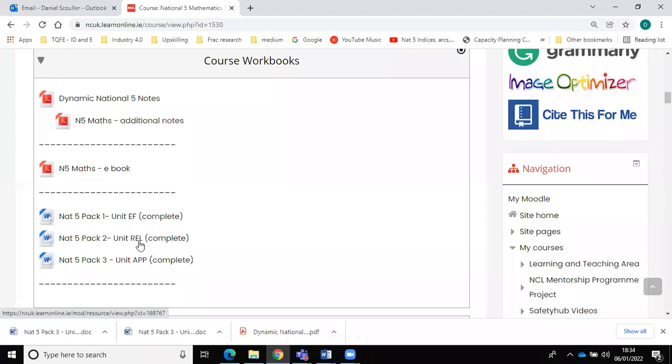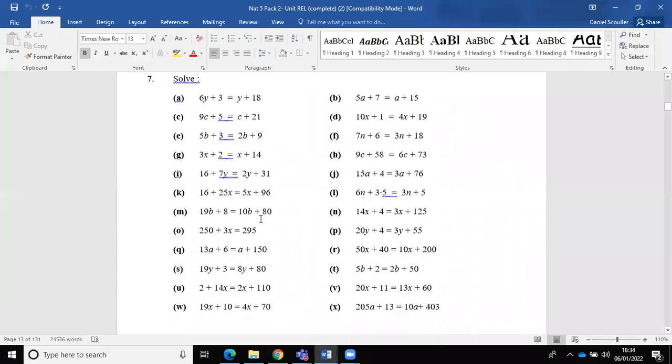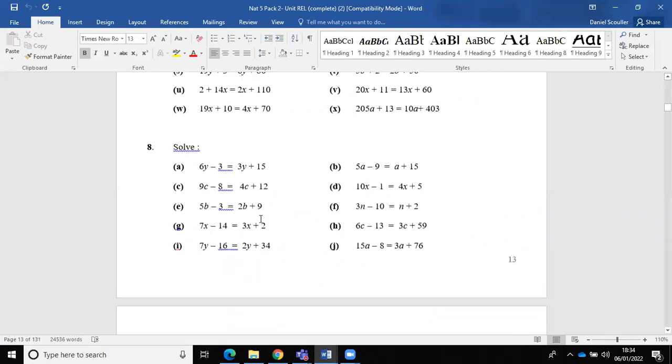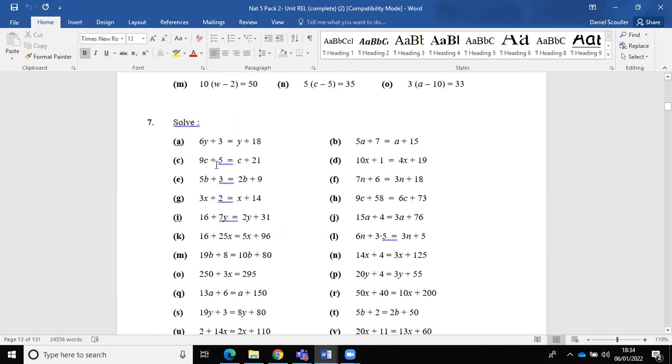Remember we're on pack 2 now, so that's available for you there. In pack 2, we're just on page 13, just getting comfortable with moving.